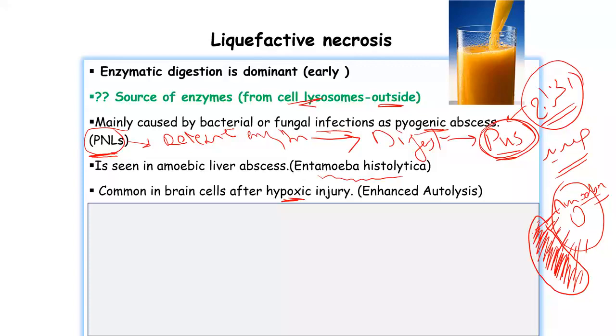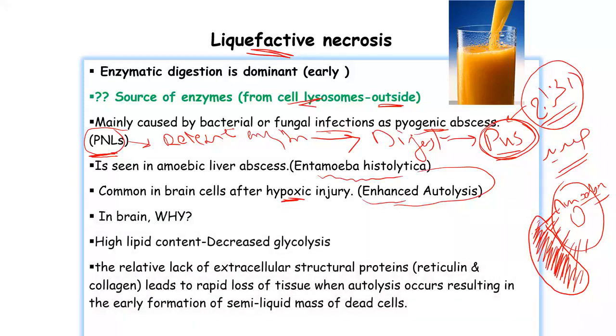Lastly, we have brain cells after hypoxic injury. Remember that we said ischemic necrosis occurring in different organs is called infarction, and ischemic necrosis occurring in all solid organs causes coagulative type of necrosis except the brain. In the brain, if infarction occurs, I have enhanced autolysis and I have liquefactive necrosis instead of coagulative necrosis occurring in infarctions elsewhere.